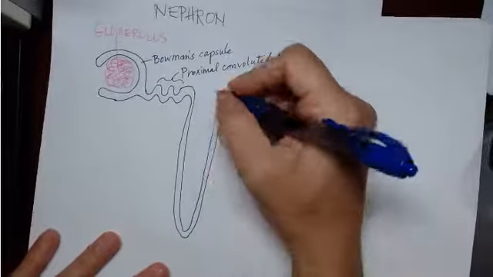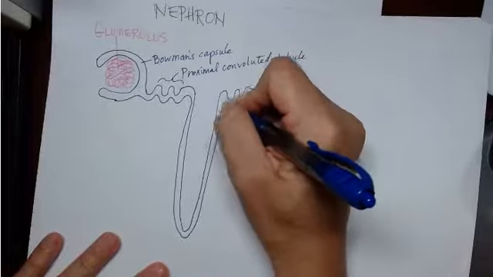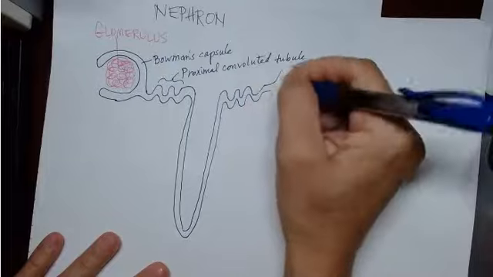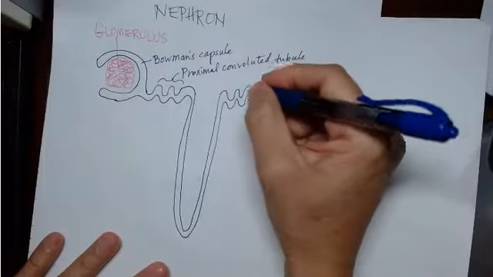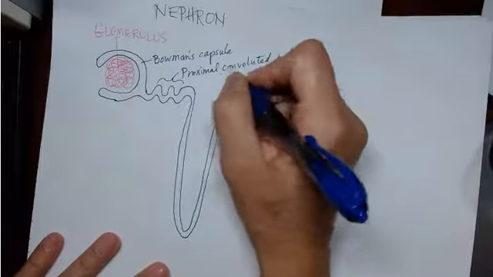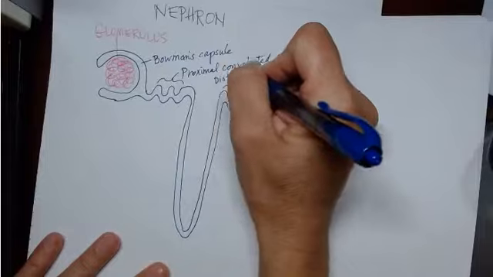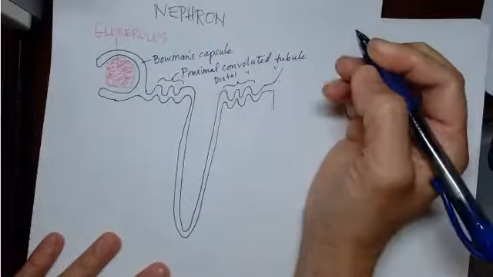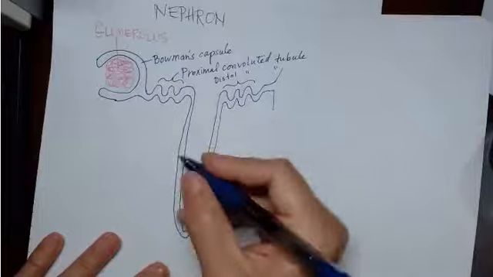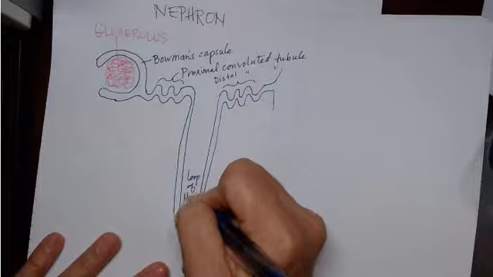Okay, and then there's another twisty tube. That's going to be the distal convoluted tubule. This loop is the loop of Henle.